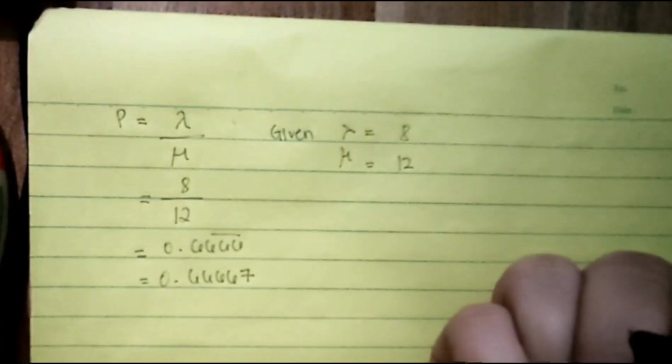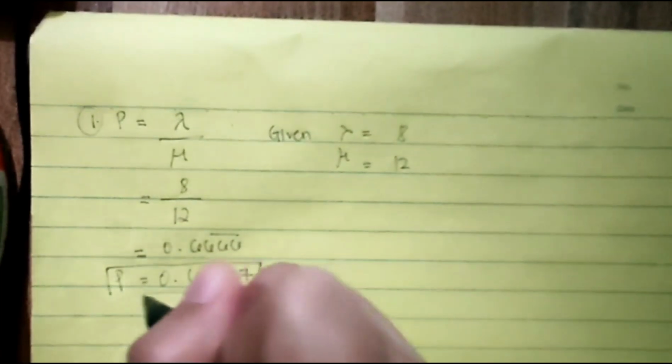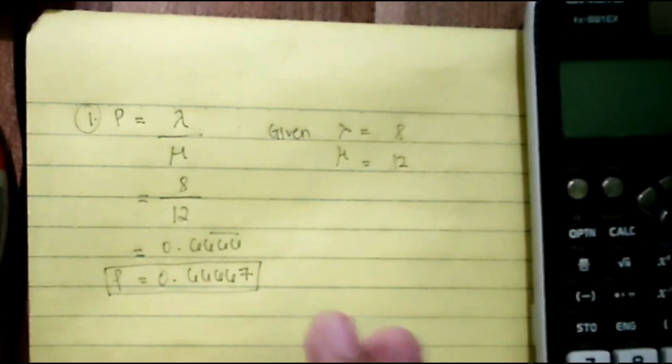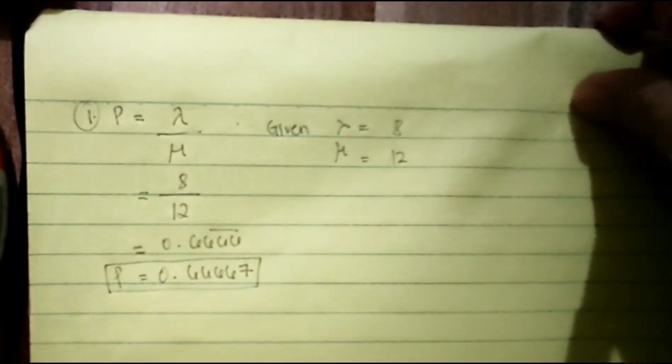Pwede natin siyang i-round off. So, ito yung magiging sagot natin for the average server utilization. So, as you can see in the Excel QM, we have same answers. Ito yung paraan para ma-solve natin siya manually. If ever wala tayong Excel QM or wala tayong laptop, we can solve it manually.